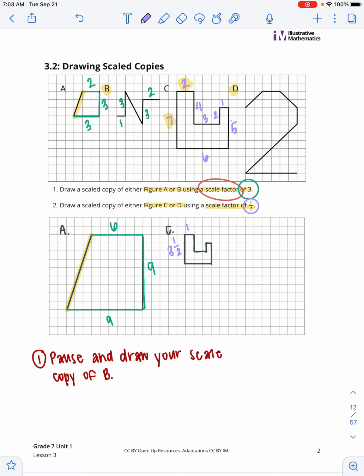Now in a moment, I'm going to tell you to pause and do D, but first I want to show you something. In D, we have some diagonal lines. The trick is that if you're able to correctly scale this line segment, this line segment, and this line segment, again, we're splitting them in half, you'll be able to tell where to connect the diagonal lines.